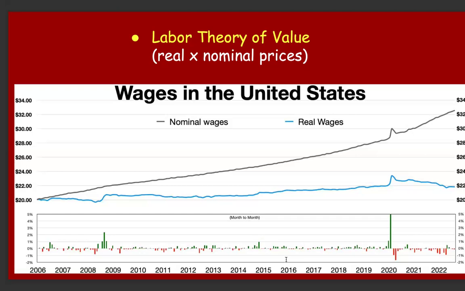Are we 50 times richer than we were 100 years ago? We need to calculate. We need to compare the salary increase and the price increase, and then divide nominal wages, what's written on your paycheck, by the general level of prices.